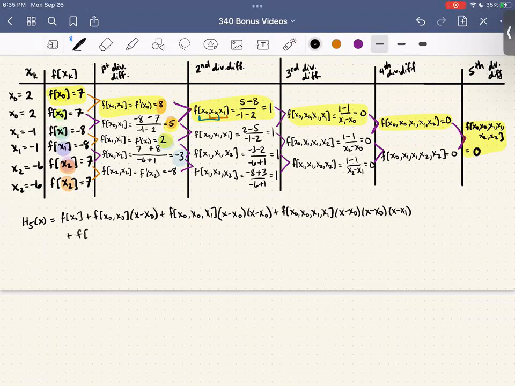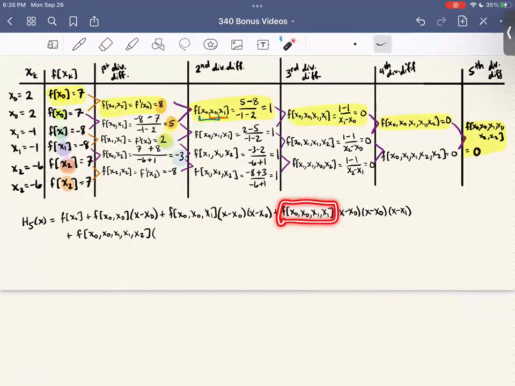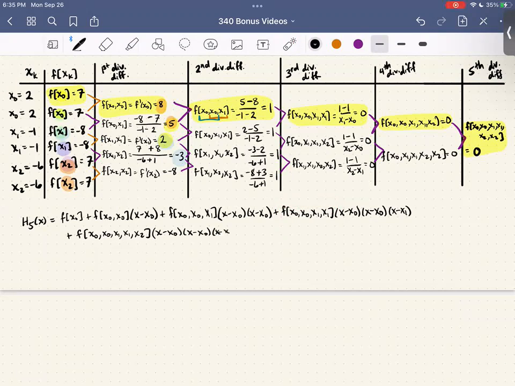I have plus f[x0, x0, x1, x1, x2]. And the linear factors, again, are the ones that appear in the previous divided difference. So I have (x minus x0)(x minus x0)(x minus x1)(x minus x1).